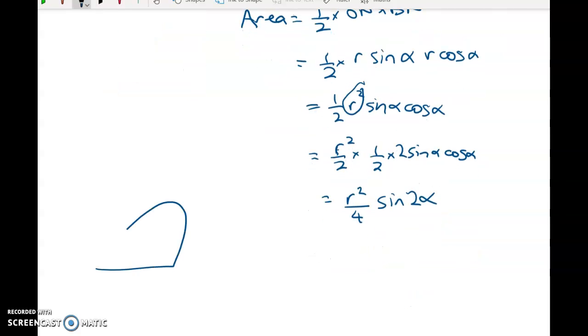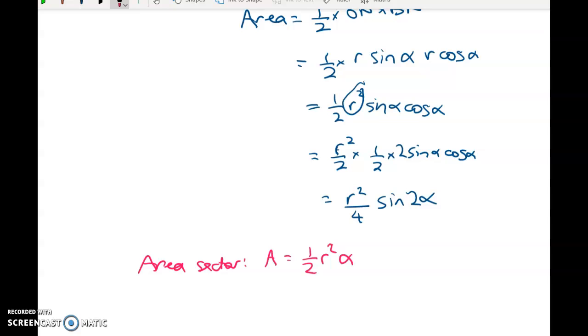Now let's look at the area of the sector. I'll just not draw the sector picture. Okay, so area of the sector. There's a direct application of the formula, so area is equal to half r squared, and instead of theta, we've got alpha. And we know that the triangle area is equal to half the sector area.